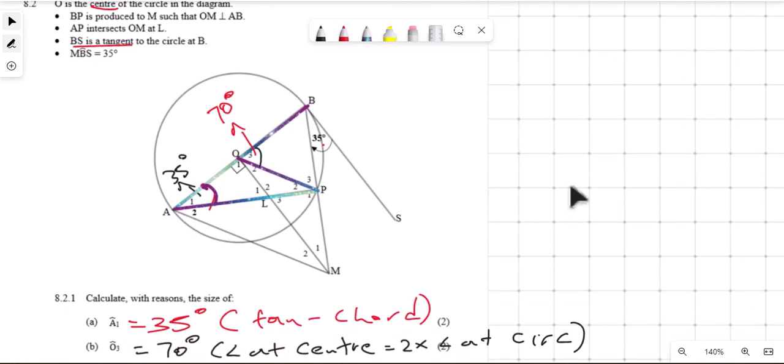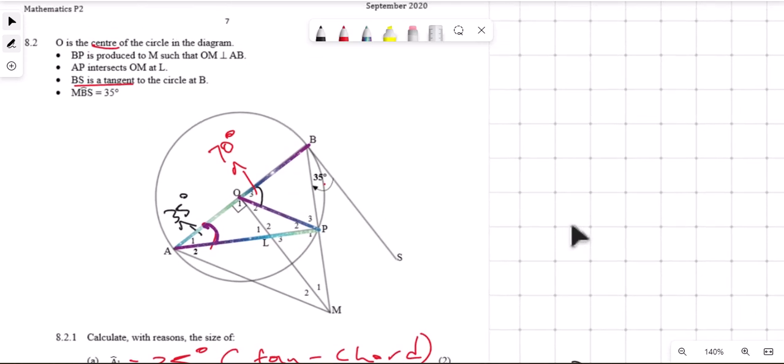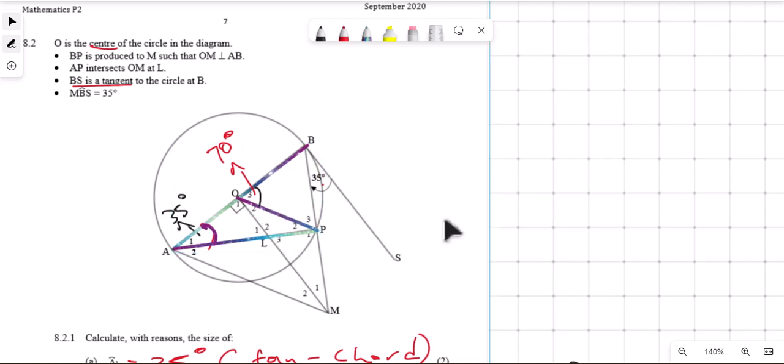Did they say parallel? No. But what did they say? BP is produced to M such that OM is perpendicular to AB. They are referring to this angle, so we saw it. Are we tired of checking? No, we're still checking.